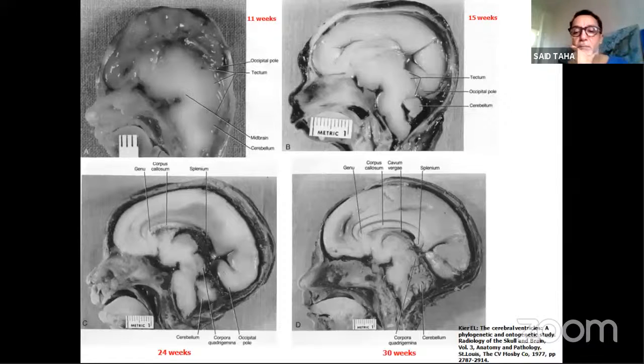This is a work from Kier, and this is an embryo of 11 weeks. When we see it in the sagittal plane, we see here the development of the tectum, the big tectum and the small cerebrum.